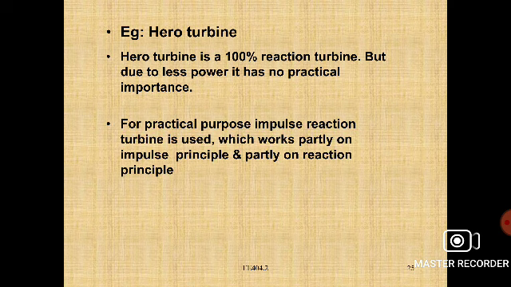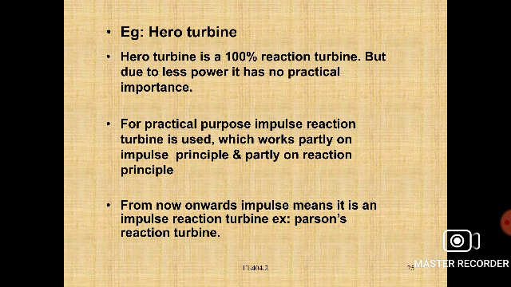As an example, the Hero turbine is the best example for the reaction turbine. The Hero turbine is a 100% reaction turbine, but due to its low power, it has no practical importance. Next, for practical purposes, there is the impulse reaction turbine, which works partly on the impulse principle and partly on the reaction principle.